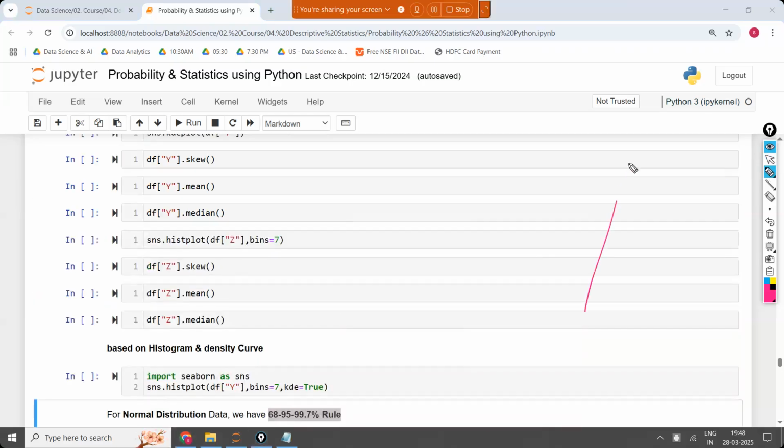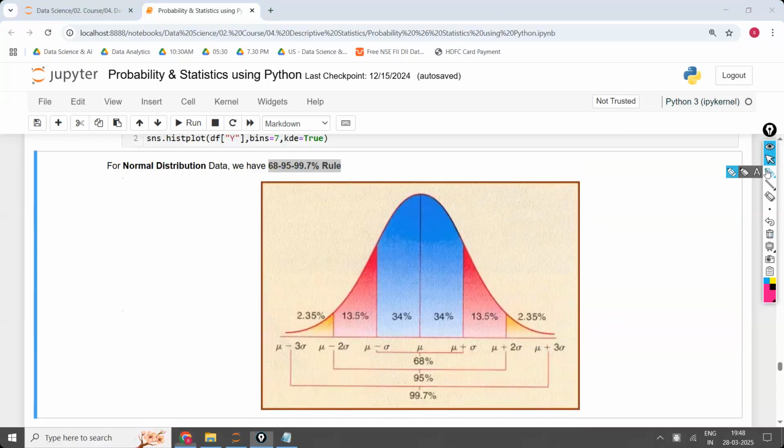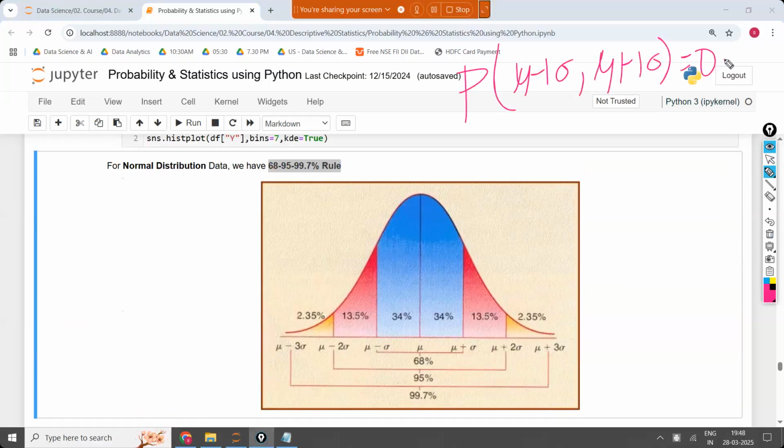The probability between mu minus 1 sigma to mu plus 1 sigma is going to be 0.68, which is also equal to 68% area. Area wise 68%, probability is equal to 0.68.